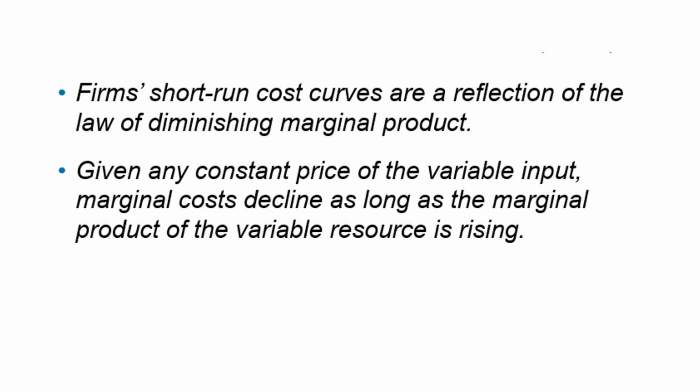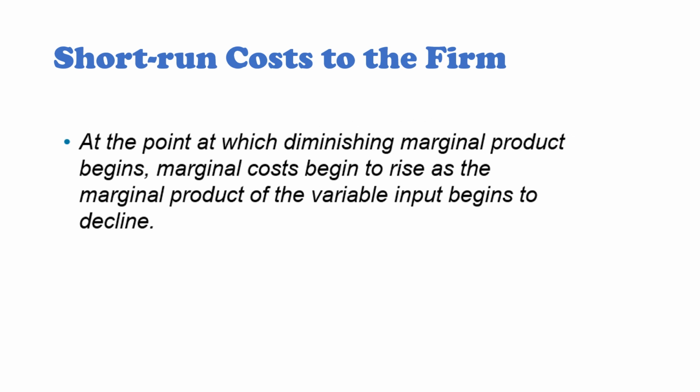Given any constant price of the variable input, marginal costs decline as long as the marginal product of the variable resources is rising. So at the point at which diminishing marginal product begins, marginal cost begins to rise as the marginal product of the variable input begins to decline.